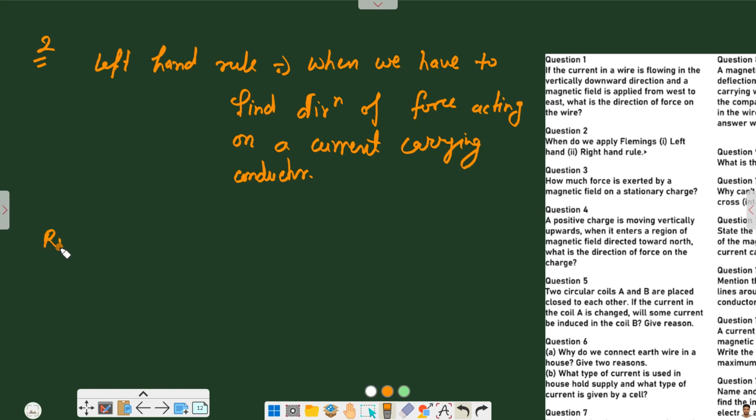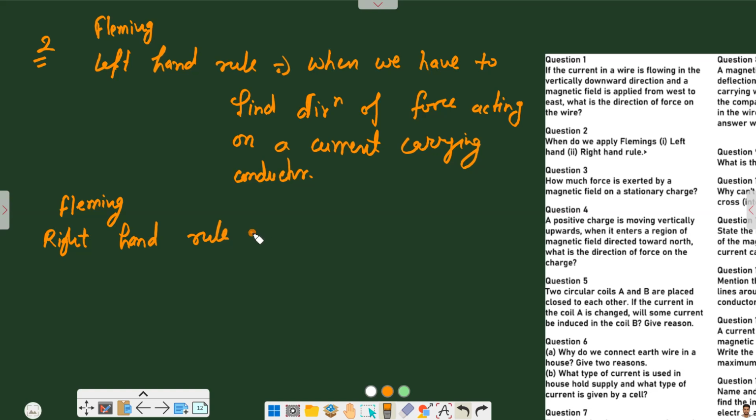And the right hand rule, this is Fleming's right hand rule. There is another rule known as the left hand thumb rule, which is different. This was Fleming's left hand rule.